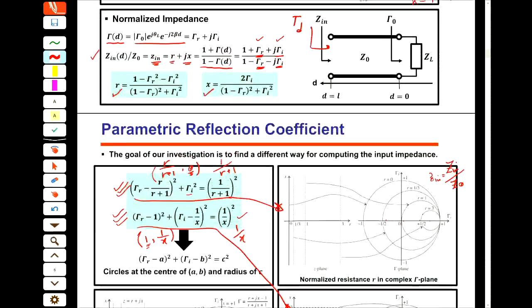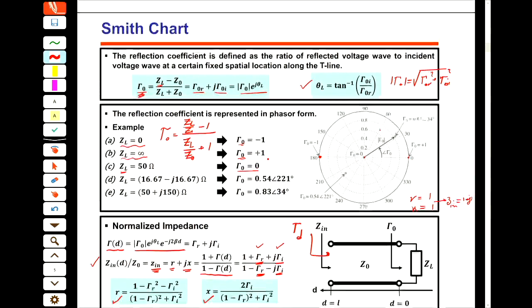Based on this equation here, we see that if I have any gamma, for example, I assume that I found my gamma at this point, and then I want to find the gamma at this other point, I just need to turn around by 2 beta d. Do you agree with me or not?